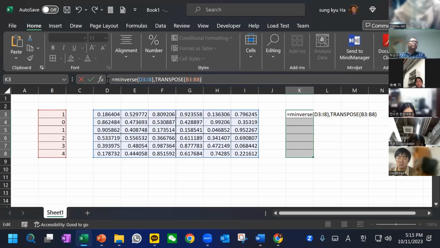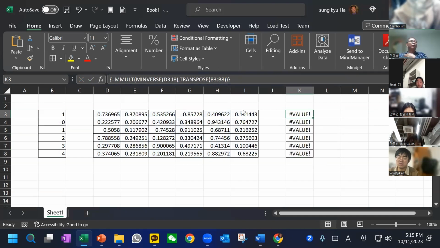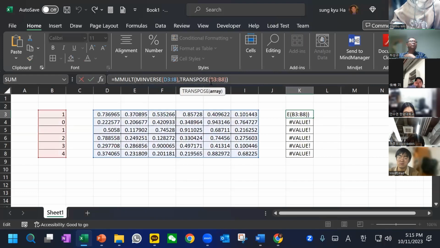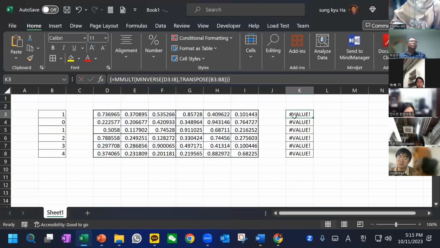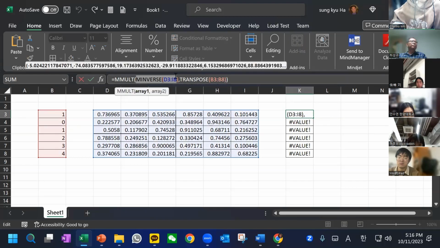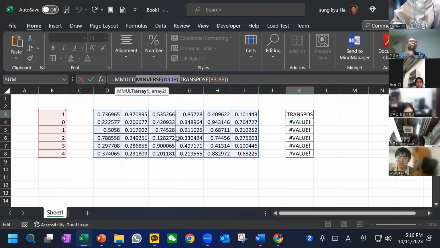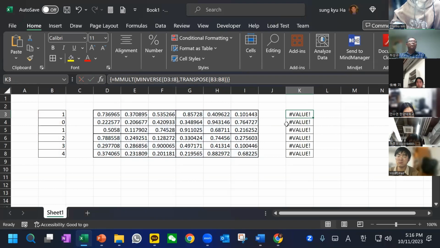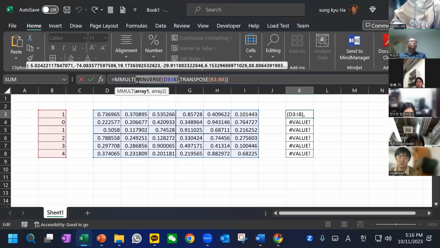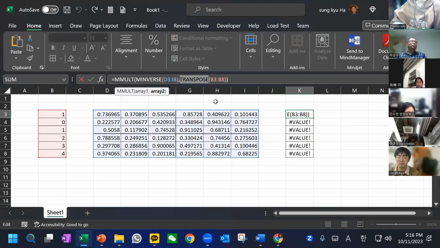So this is the M inverse and the load. We have to invert, no need to transpose.